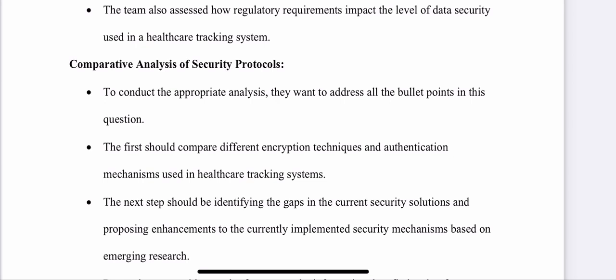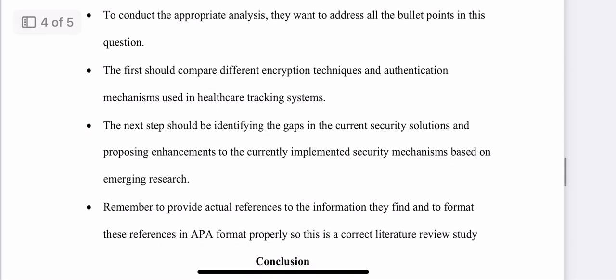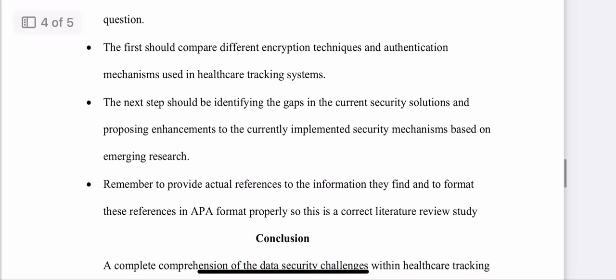To conduct the protocol analysis, they want to address all the bullet points in the questions. The first step should compare different encryption techniques and authorization mechanisms in healthcare tracking systems. The next step should identify the gaps in the current security solutions and propose enhancements to the currently implemented security mechanisms based on the emerging research.